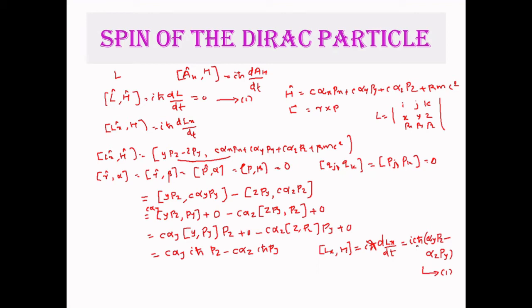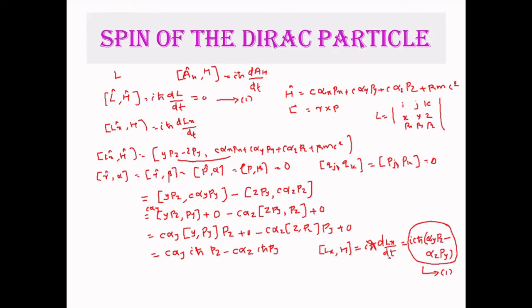How can we solve this problem? The only way is we can expect one more contribution to the angular momentum such that the commutator of its x component with the H should be the negative of this quantity. That is, we should get some minus iħ (alpha_y p_z minus alpha_z p_y).